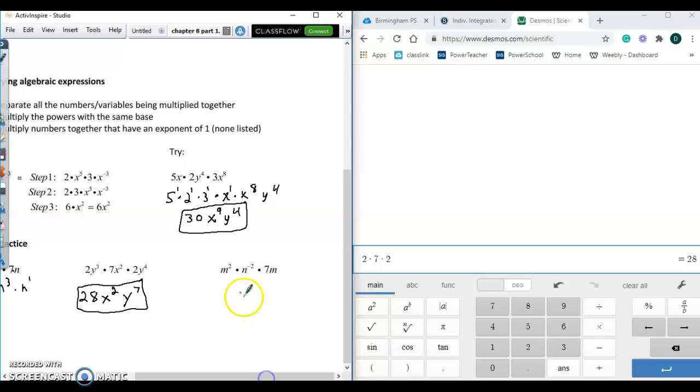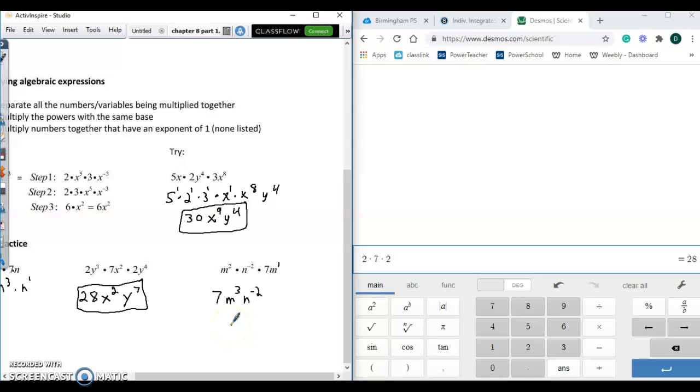All right, now we look at this one. Now notice there's only one whole number, so I'm going to put that out front. I have an m to the 2nd power, and this is an m to the 1st power. So that's going to give us m to the 3rd power, because I'm adding those together. And then I have my n to the negative 2nd power.